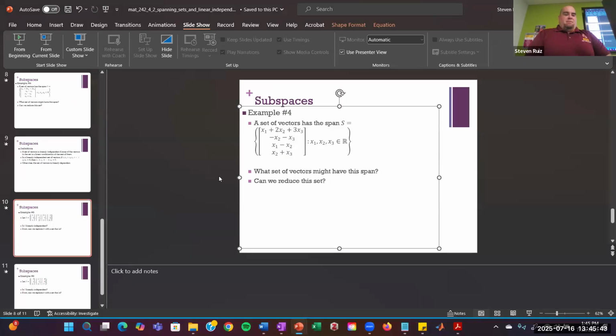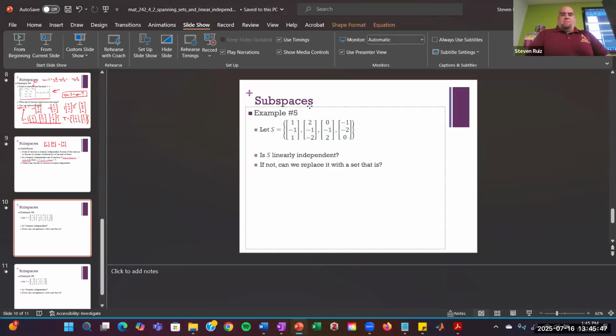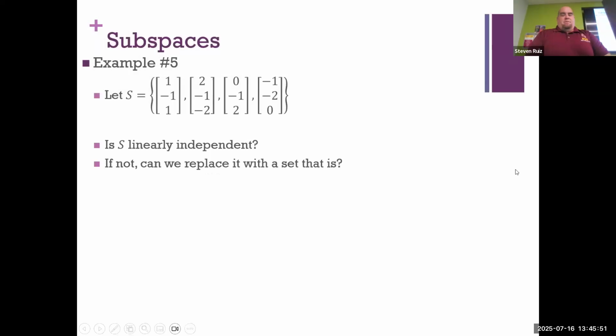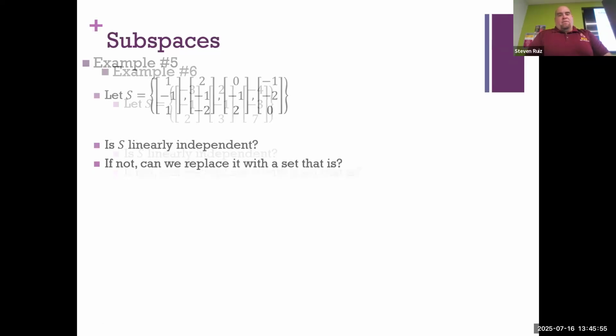No, no, no, no, no. How can we answer that question? How can we find out if it's linearly independent? If you can add two of them together to get a third one, then you would definitely not have independence, right?